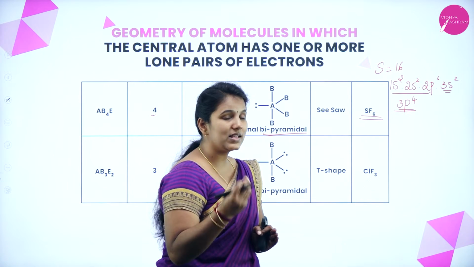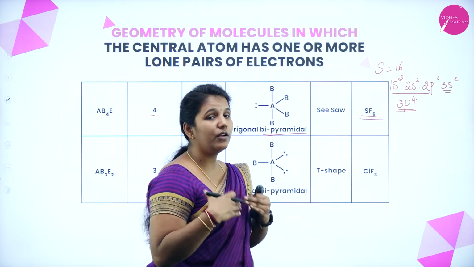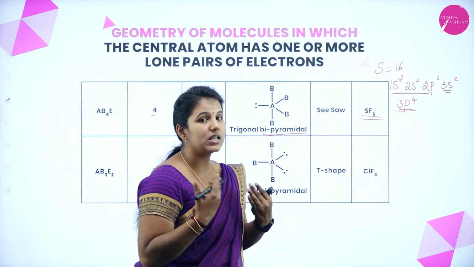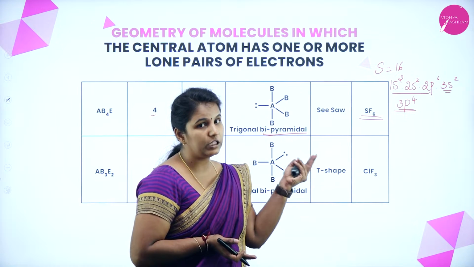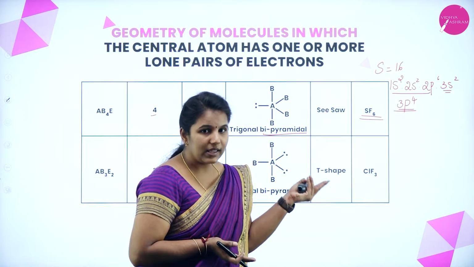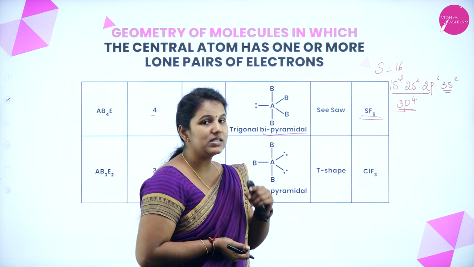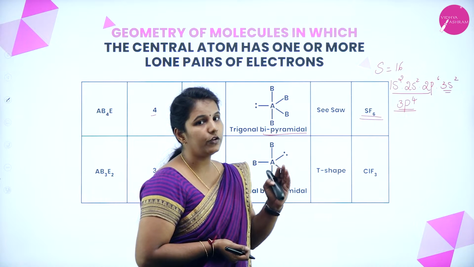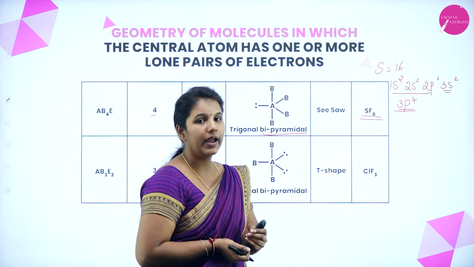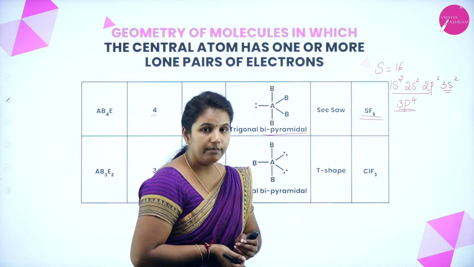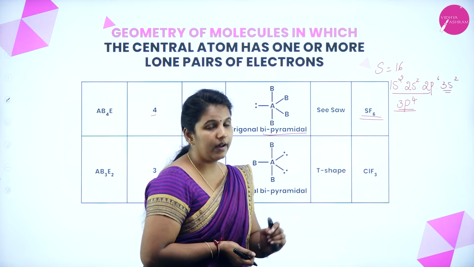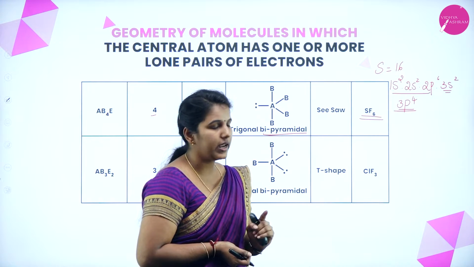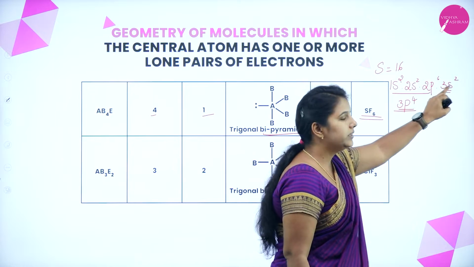So in the excited state, sulfur can form 6 unpaired electrons instead of 2. Is it right? Yes. These 6 electrons get paired up with the 6 fluorine atoms, forming the SF6 structure. But always remember, if you write it in the ground state, it consists of 3s2.